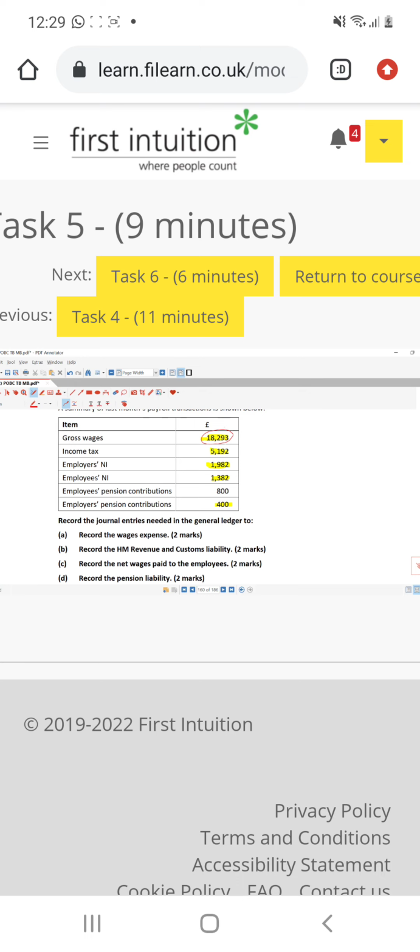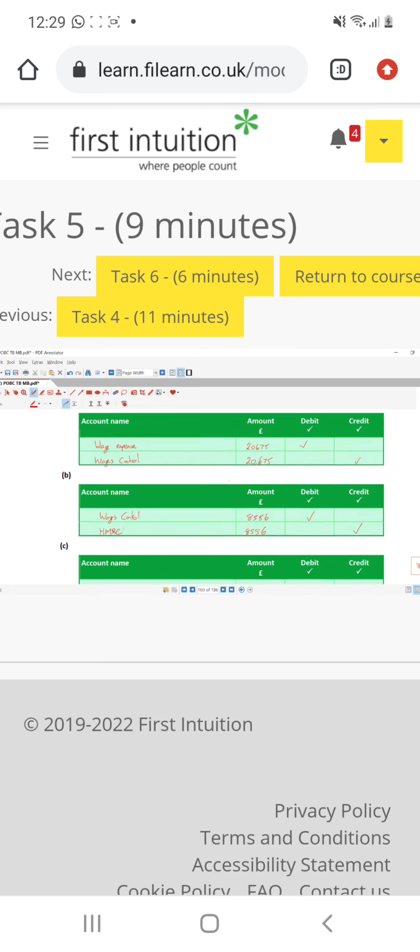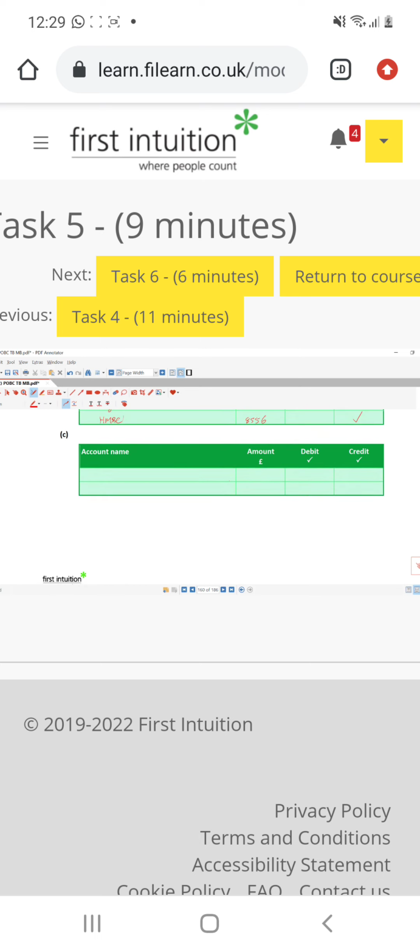The employee will have income tax deducted from their gross wages, and employees' national insurance contribution and employees' pension contributions as well. If we take away income tax, employees' national insurance and employees' pension contributions, the actual amount of money that the employees receive into their bank accounts is 10,919.